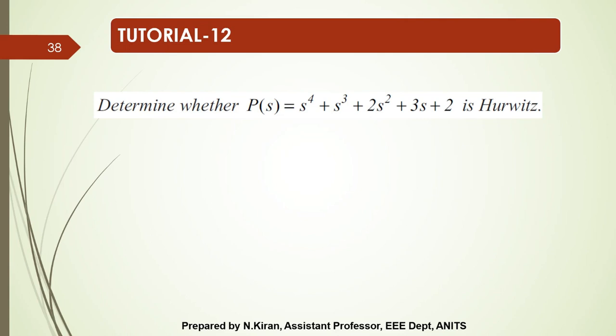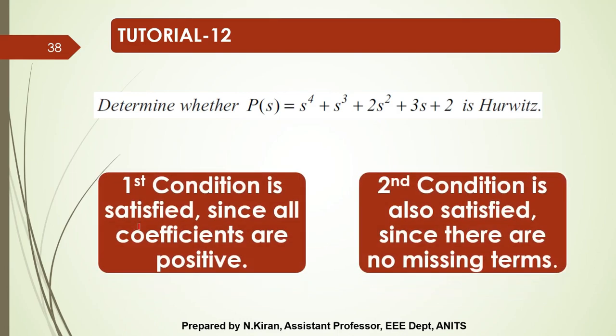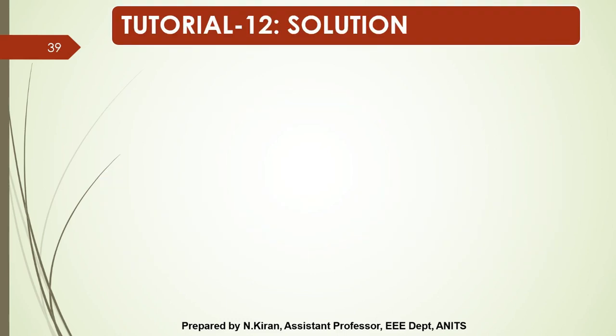The next one: s power 4 plus s cube plus 2s square plus 3s plus 2. The highest power is an even term. The first two conditions are met, that is all coefficients are positive and there are no missing terms. The third step is testing the given polynomial using the Routh-Hurwitz method.